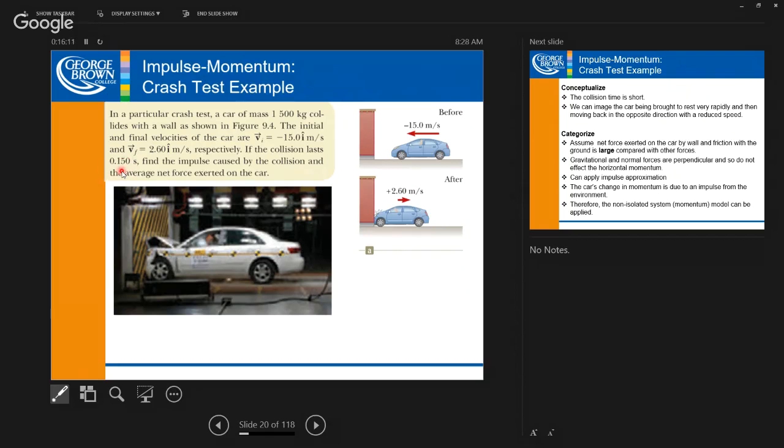When I say this is a long collision, that's almost 9 or 10 frames. A collision lasting 9 frames in a video game is huge. That's almost like I could do a little animation with that collision. Find the impulse caused by the collision and the average net force exerted on the car.